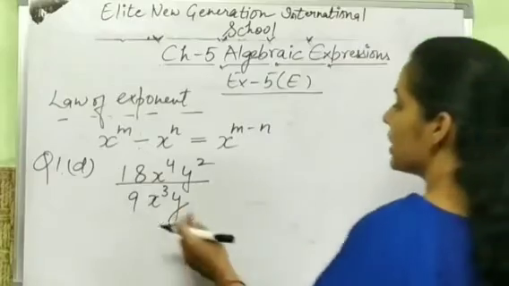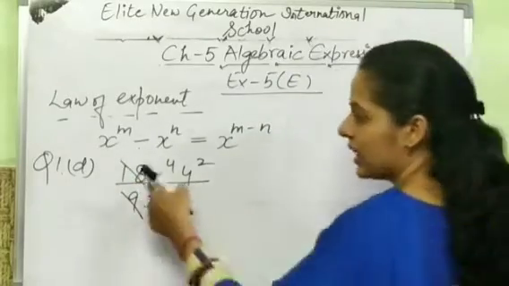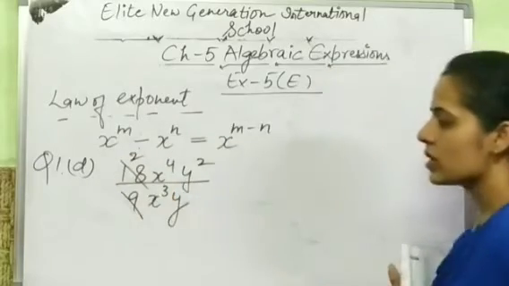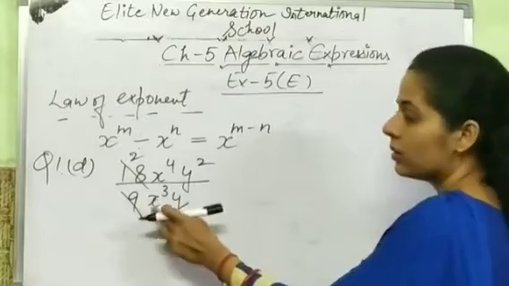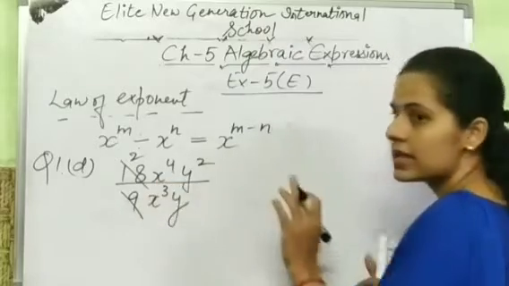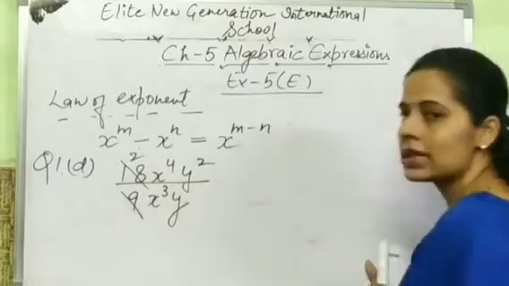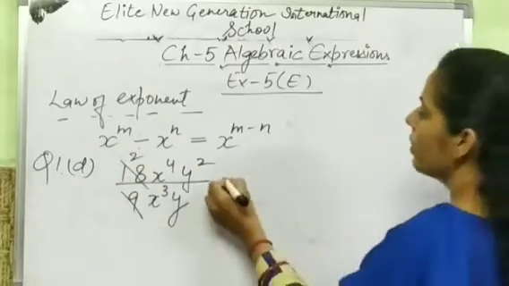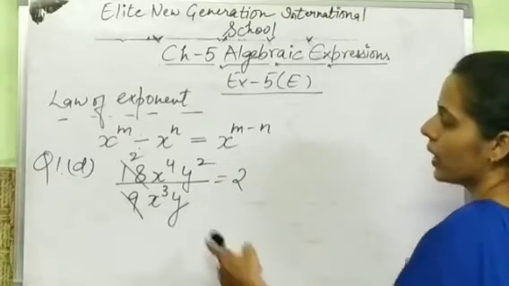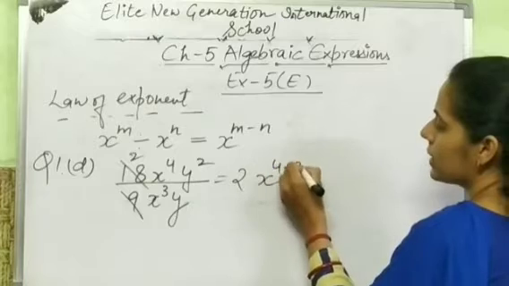Here you can see 18 and 9; we can cancel 18 by 9 two times. In the numerator and denominator the variable x is the same but the powers are different, so we can easily apply this law. So we write 2 and x to the power 4 minus 3.